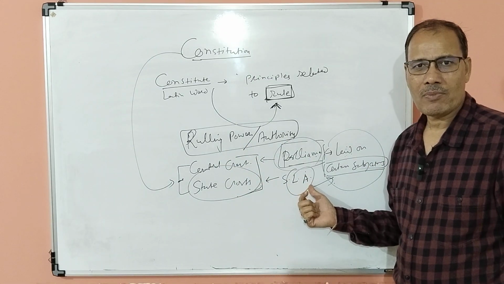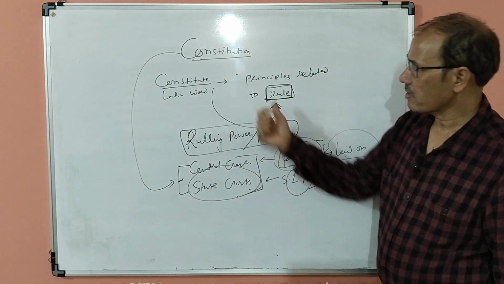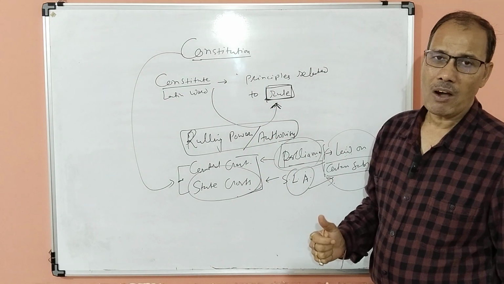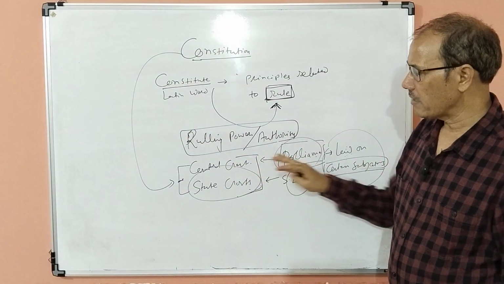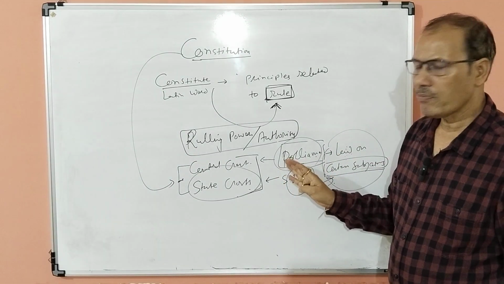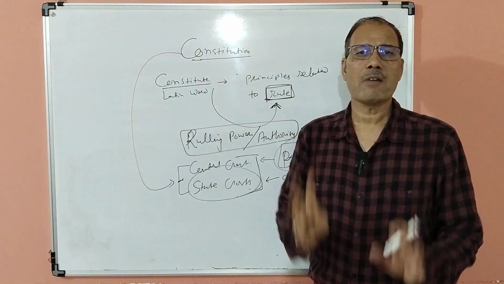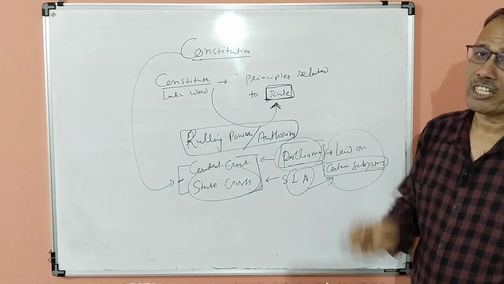So either the authority, their powers, their functions are directly mentioned in the constitution, or indirectly the constitution empowers these authorities to be framed by the Parliament or through other provisions like ordinances. So it has the same constitutionality, though it is not directly mentioned in the constitution.